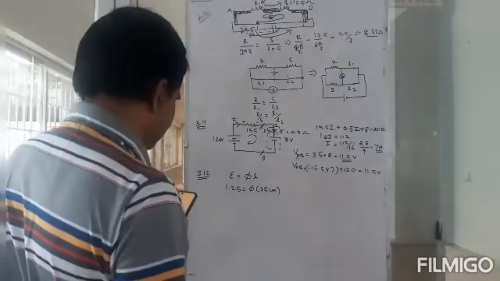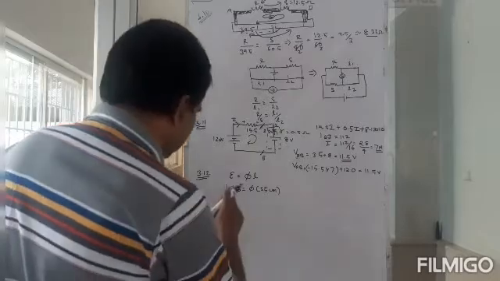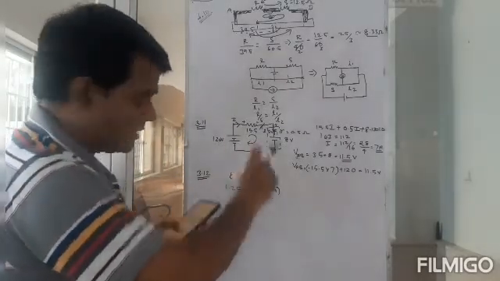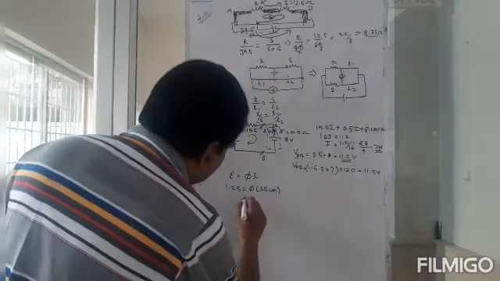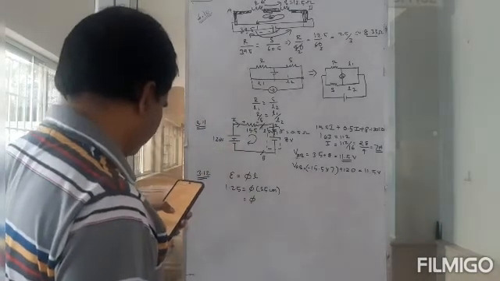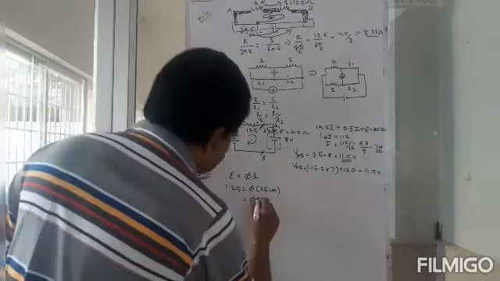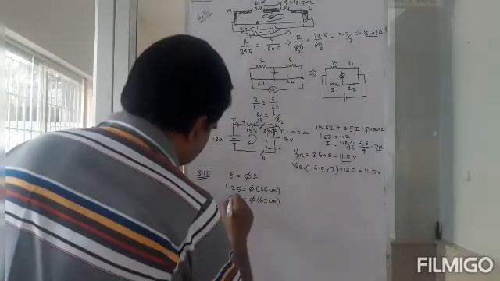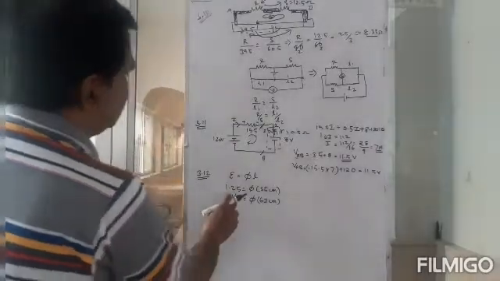And what else happens? The next thing is another cell. Now you remove this cell and connect another cell. Then that gives you the balance point at 63 centimeters. Okay, then what is the voltage? That's the question. What is the EMF of this?